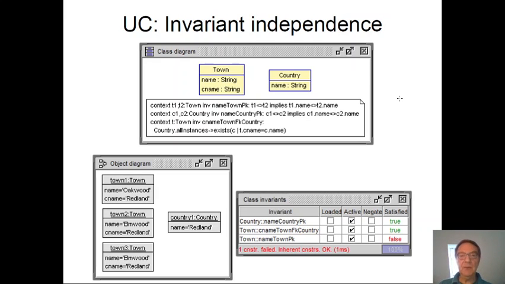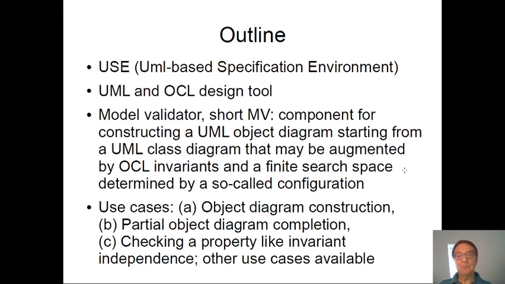The constraints are really independent from each other, and so the model validator can contribute to checking this formal property, invariant independence, by systematically constructing object diagrams where exactly one invariant is negated and the other constraints are satisfied.